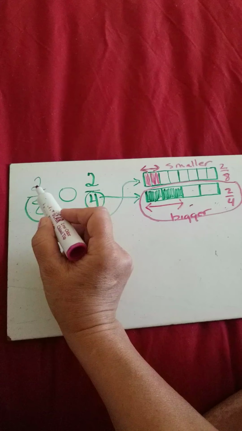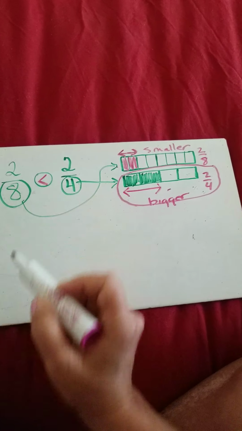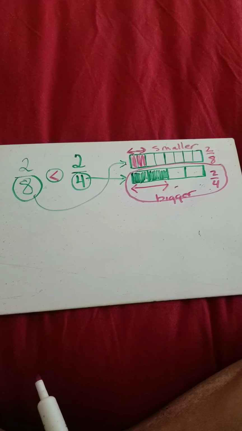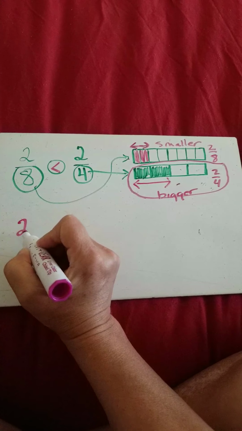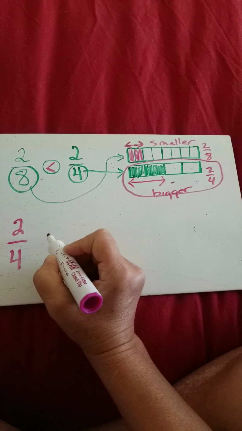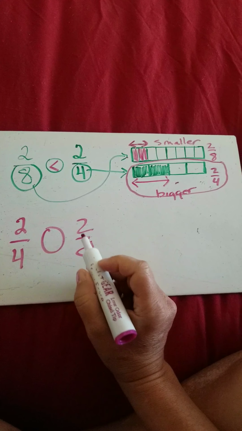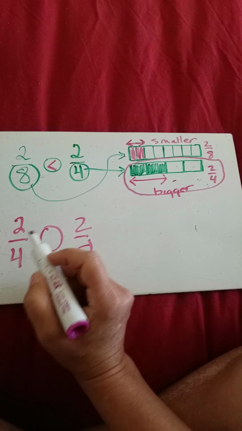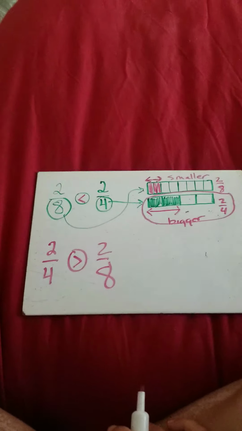So you want to write that 2/8 is smaller than or less than the 2/4. If we have the 2/4 over here and the 2/8 here, the symbol changes. The 2/4 is larger than the 2/8. And that is why.